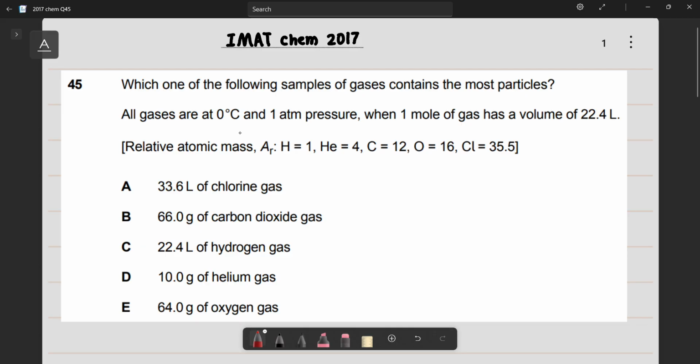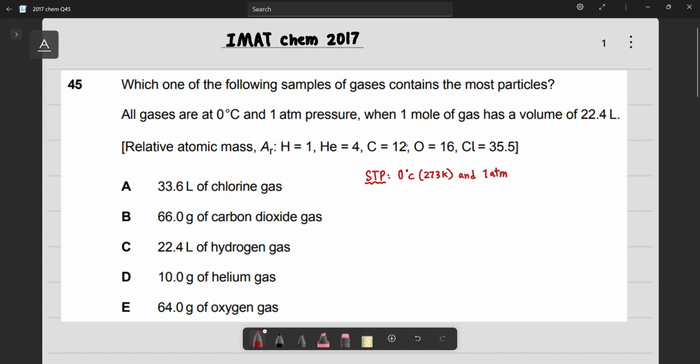They're fixed temperature and pressure, which is standard temperature and pressure: 0 degrees Celsius, or 273 Kelvin, and 1 atm pressure, which is almost 100 kilopascals. And also 1 mole of gas has a volume of 22.4 liters.